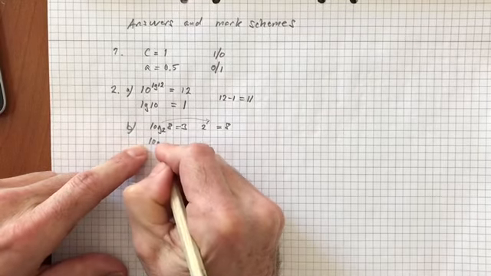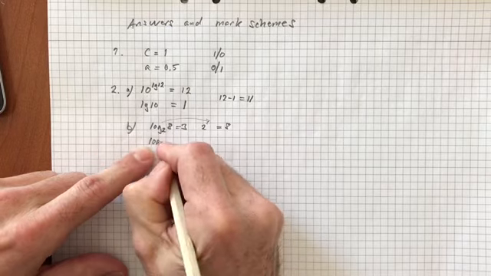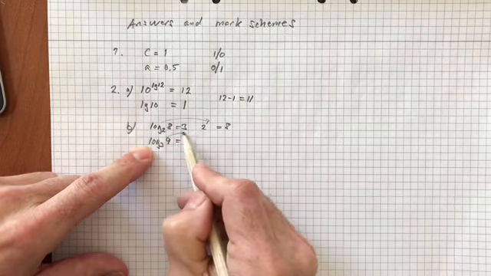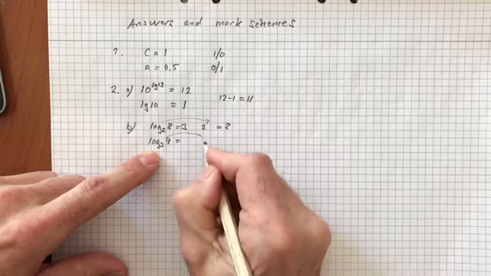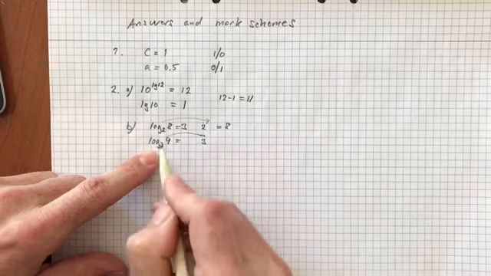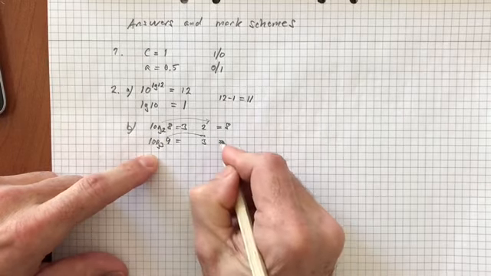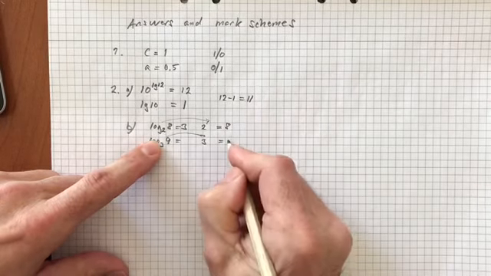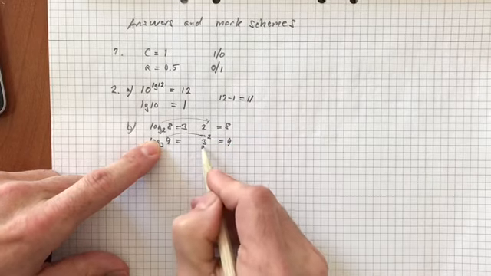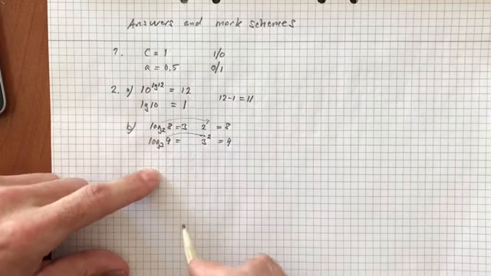And then it was log 3 of 9. The same thing here. 3 is the base, and you will have an exponent, and this is the exponent, and then it will become 9. So the exponent has to be 2, because 3 to the power of 2 is 9.